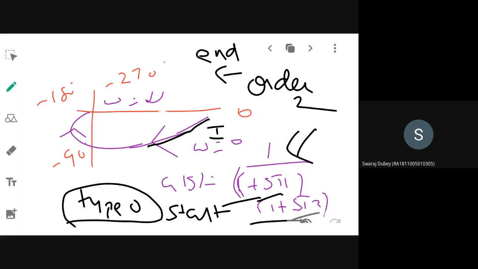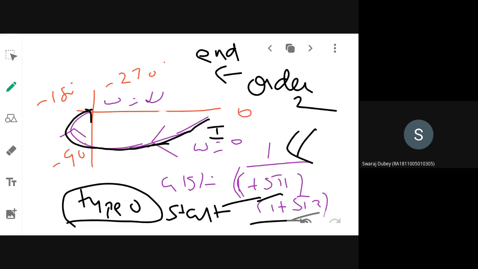Second quadrant. So this is order 1, and here you will have order 2. So it starts over here and ends here. This type and order identification for the start and end of the plot is applicable only for minimum phase systems with only poles. It is not applicable if you have zeros in the system.